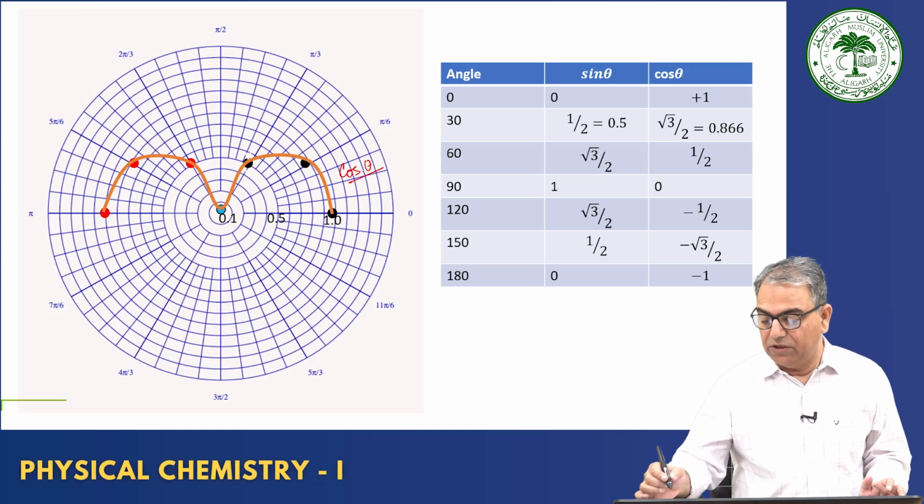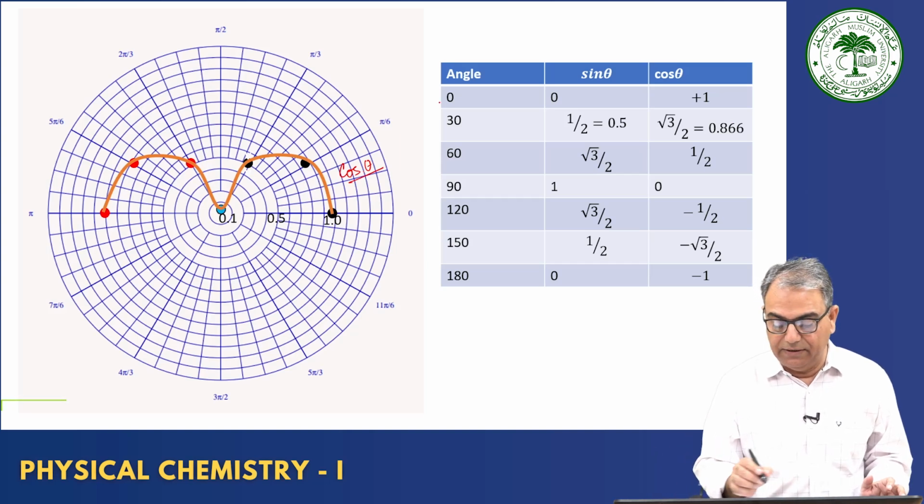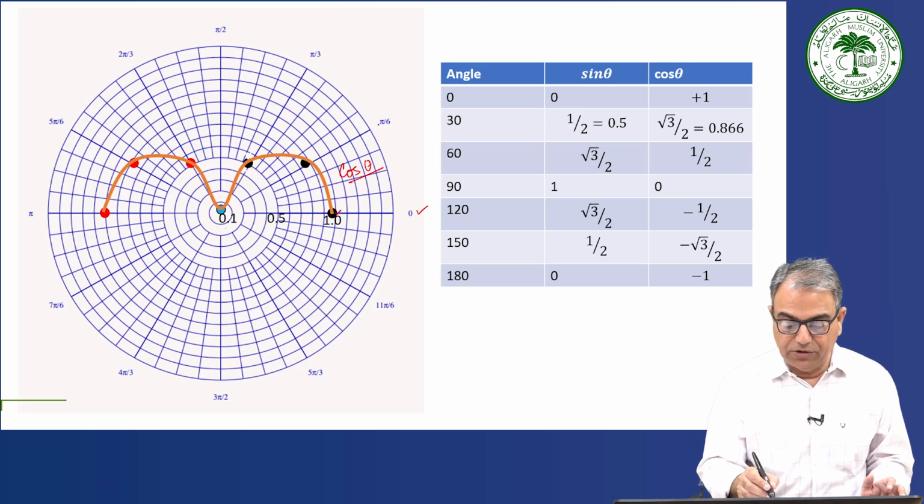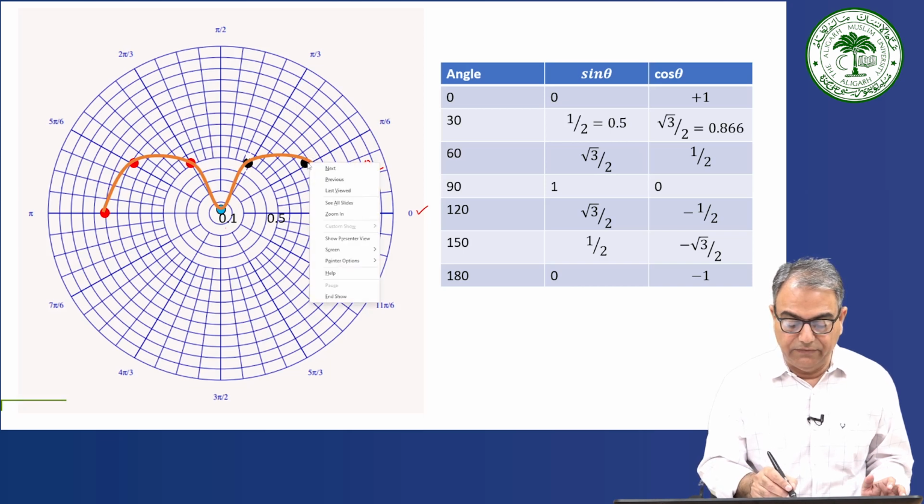This is your point 1, this is your point 5, and this is 1. So cos theta is equal to plus 1 when the angle is 0. Cos theta is 0.866 when the angle is 30 degrees. So it is 30 degrees here.